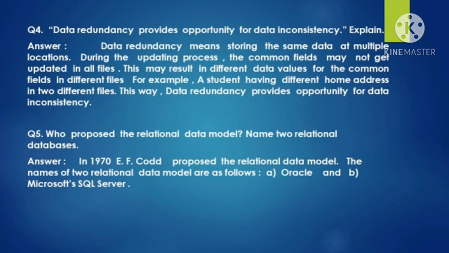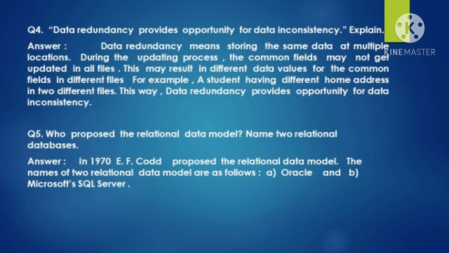This may result in different data values for the common fields in different files. For example, a student having different home addresses in 2 different files. This way, data redundancy provides opportunity for data inconsistency.